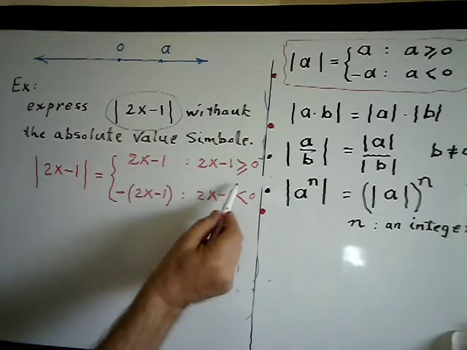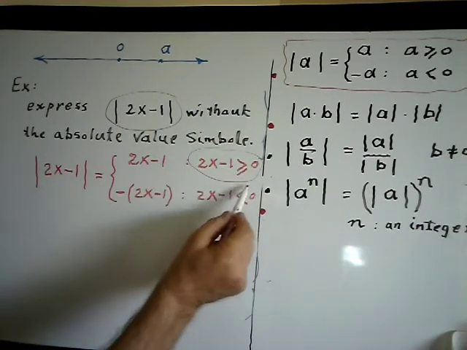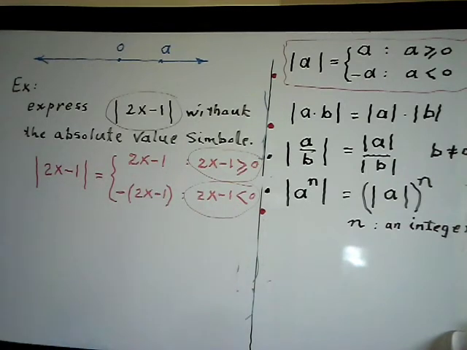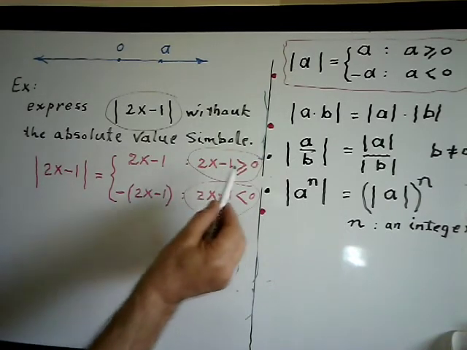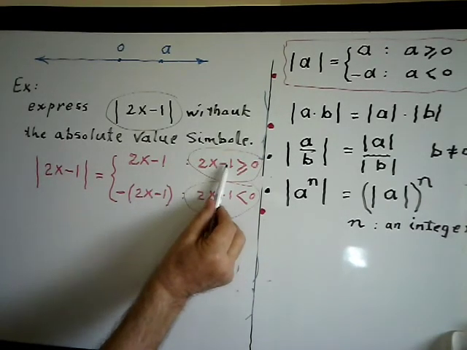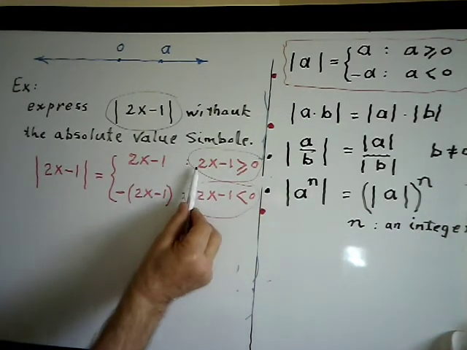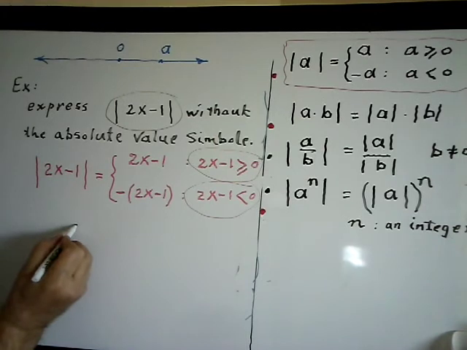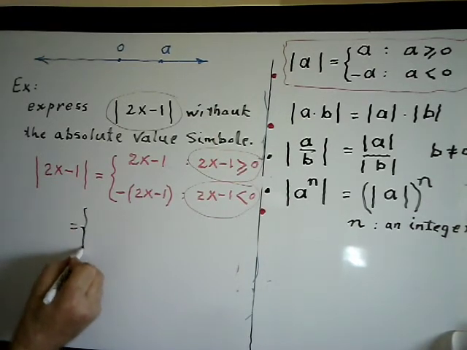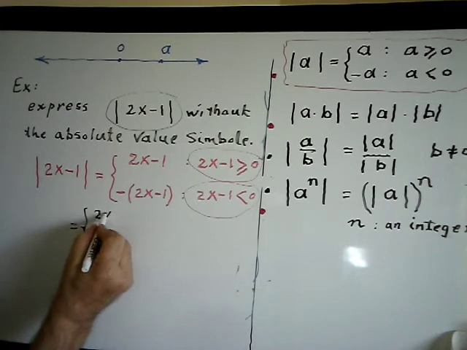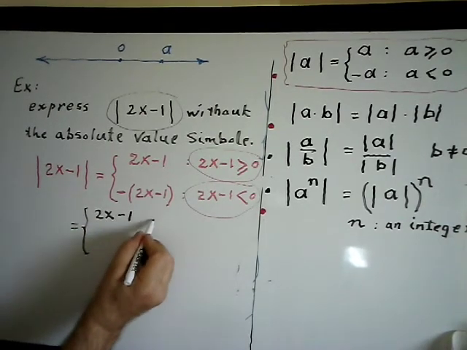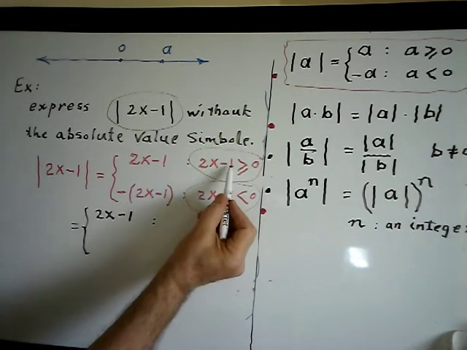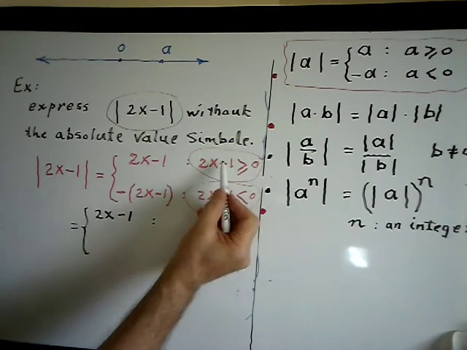And then we will simplify both inequalities here by finding the symbol form for this inequality. Just negative 1 here will be moved to the other side, then we divide by 2. So the result will be, for 2x minus 1, first step move negative 1 to the other side, it will be positive 1.